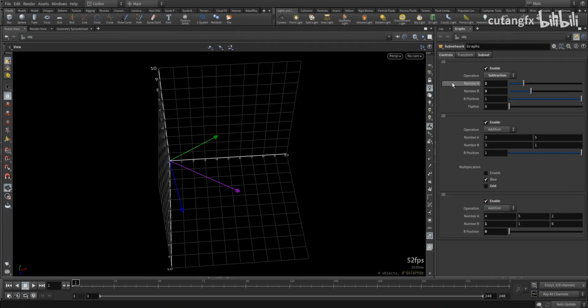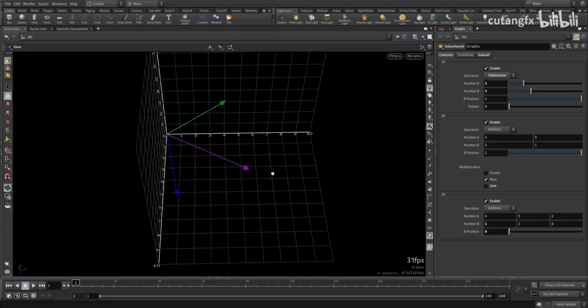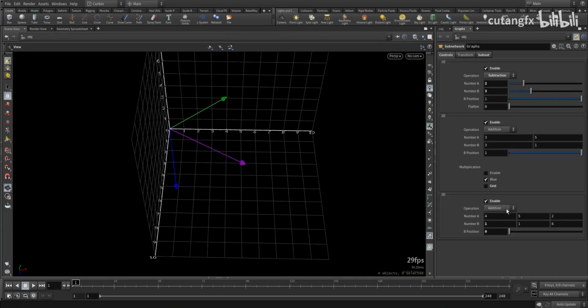I just wanted to show you 1, 2, and 3 dimensions, but you can understand that it applies to 4 dimensions and 5 dimensions and so on. Not that we're really going to work with 5 dimensions, but we do work with 4, which is quaternions. You also have matrices, which can be 3 by 3 or 4 by 4. So we're talking about 16 float vectors, right? But it all follows the exact same principles.